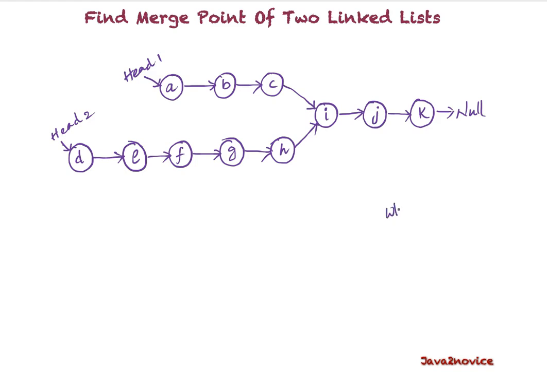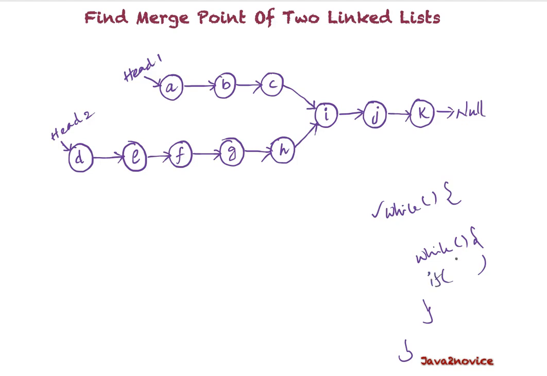Inside this while loop, there is another while loop. The first while loop will be used to read each node from linked list 1. The second while loop will be used to read each node from linked list 2. Inside this while loop, we'll start comparing each node.